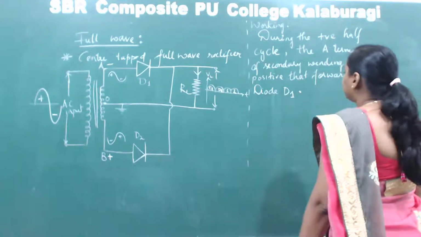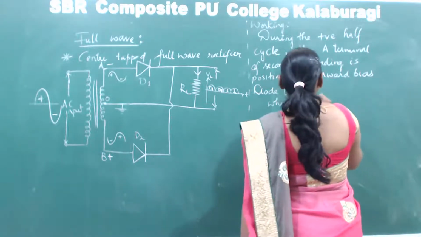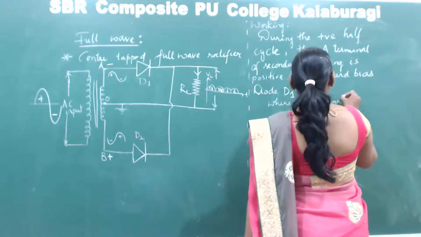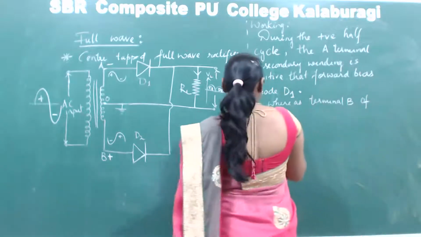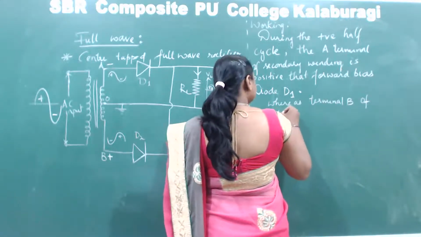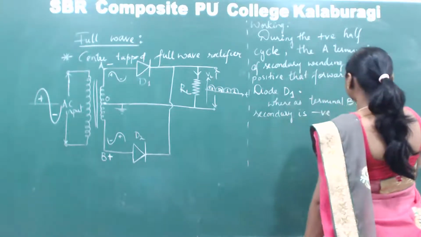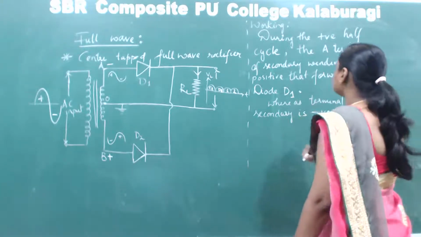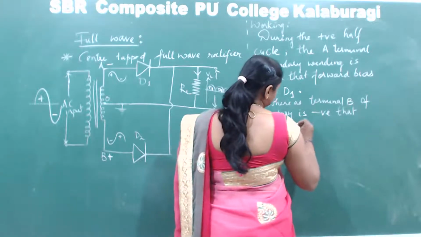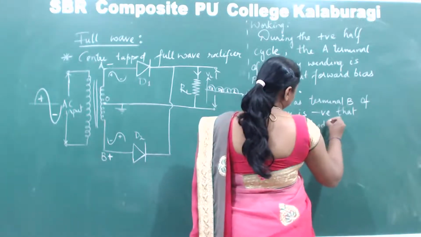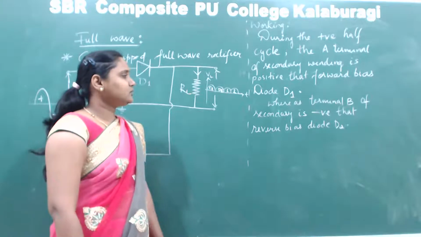Whereas terminal B of the secondary is negative, that reverse biases diode D2.